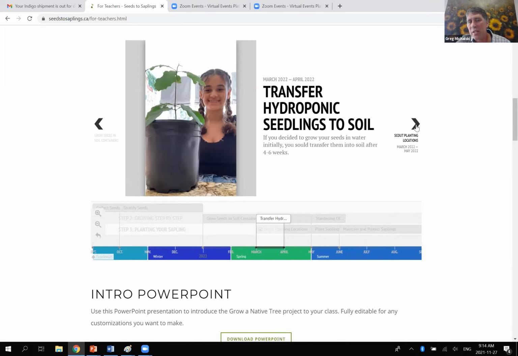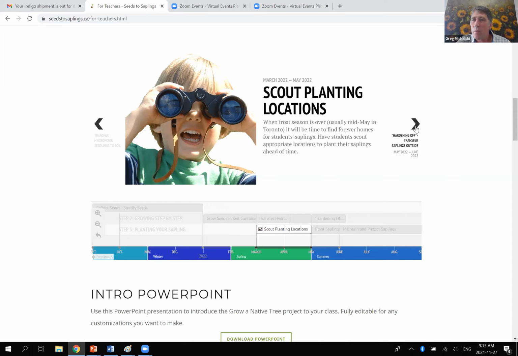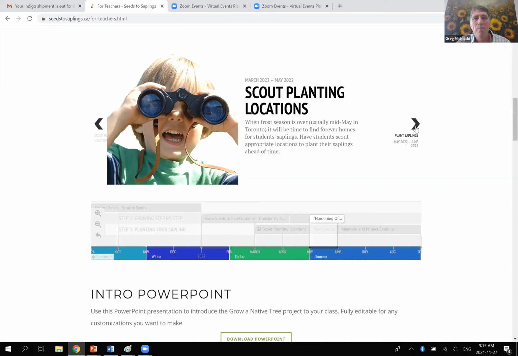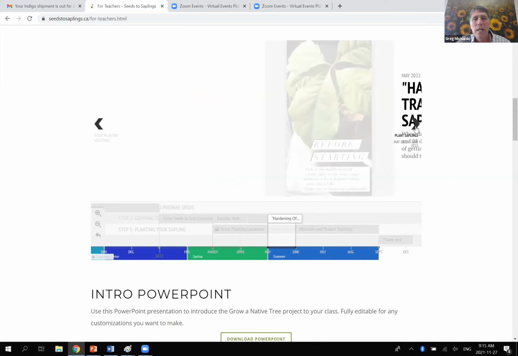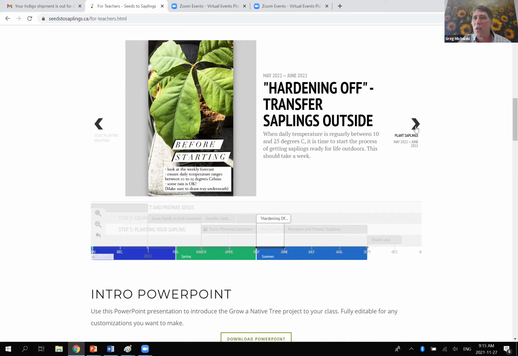While that's all happening, students can check their neighborhood or their yard for a place where they might want to plant any seedlings and saplings that grow. After a few months of growth indoors, they can slowly introduce their growing plants outdoors through a process called hardening off, which is basically getting the plants used to outdoor weather and changing temperatures, as opposed to being indoors where the environment is much more regulated.